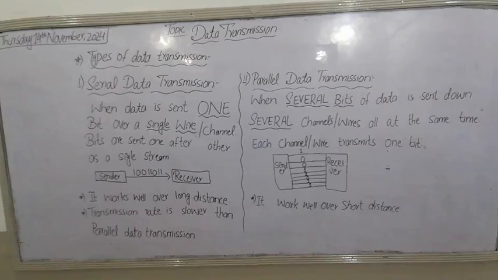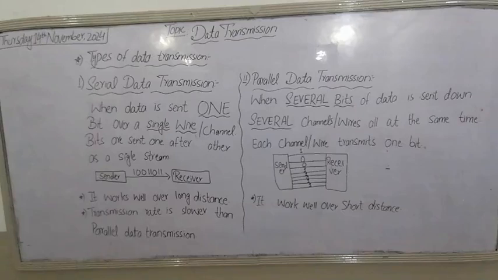The instruction or the command will be sent to the printer through that single wire or channel, and the printer will give you the printout of that file. So that is the example of data transmission using serial data transmission.